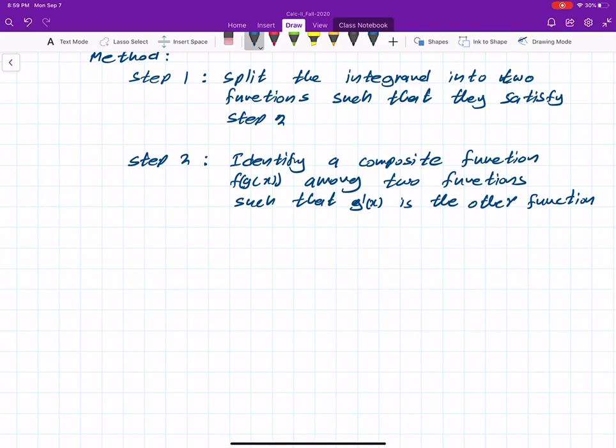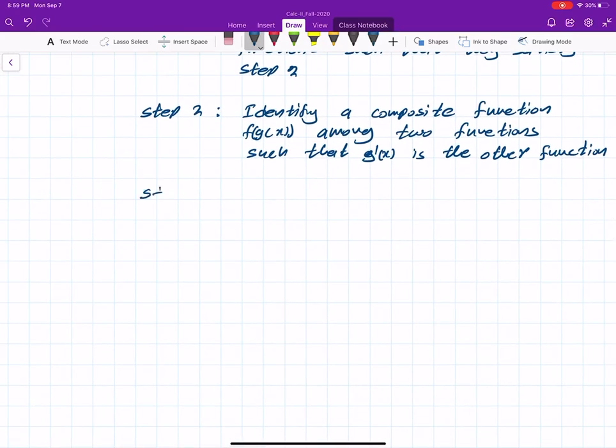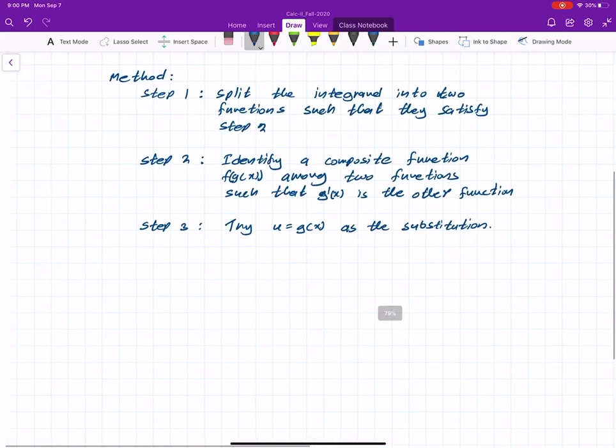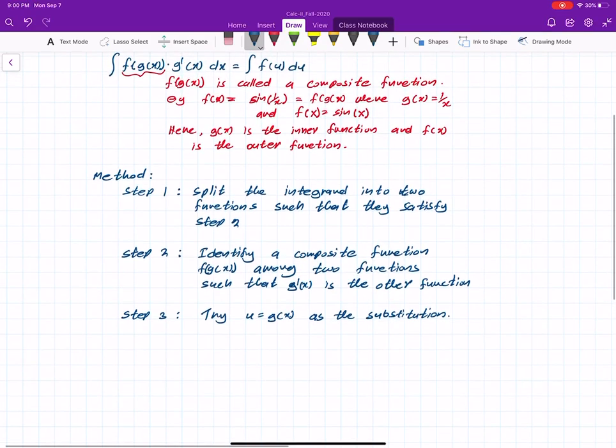Then step 3, try u equals g of x as the substitution. All right, these are the three steps. First step is split the integrand into two functions such that they satisfy step number 2.